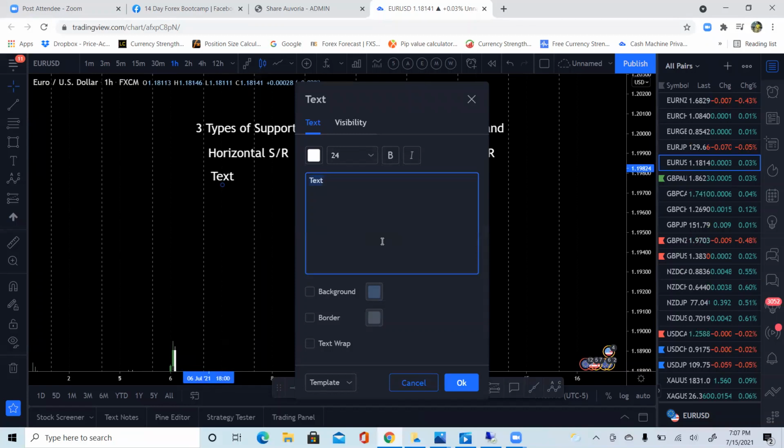So horizontal support and resistance, that would include your price zones, your Fibonacci levels, and your whole number quarter points.